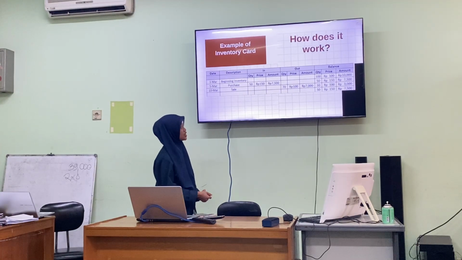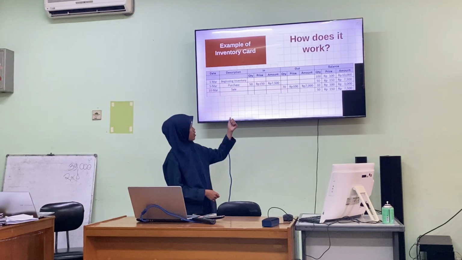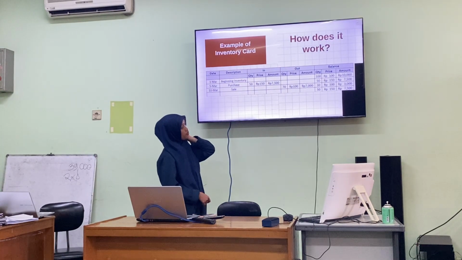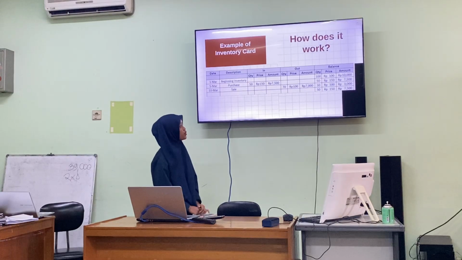The balance is 50 units at a unit price of 150 rupiah, for a total of 7,500 rupiah.